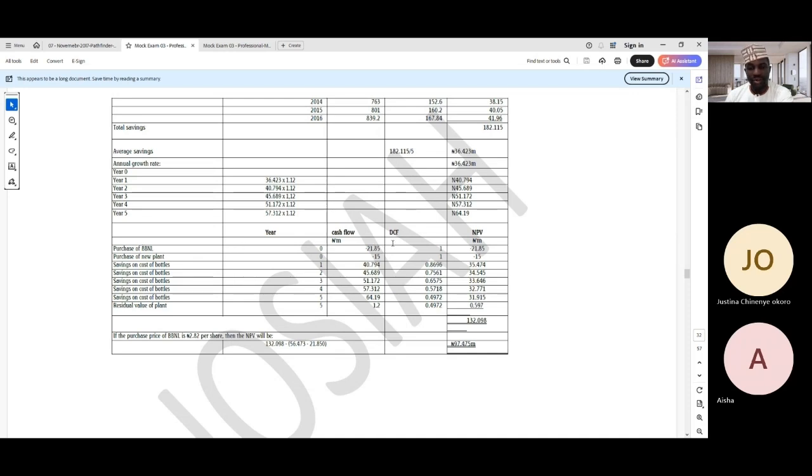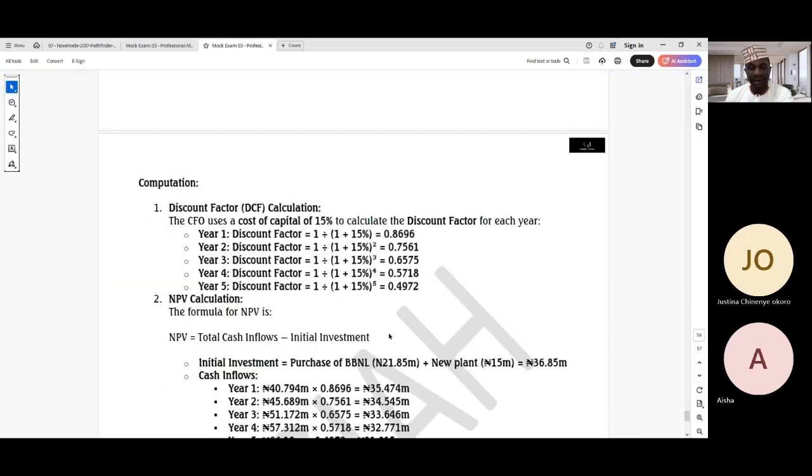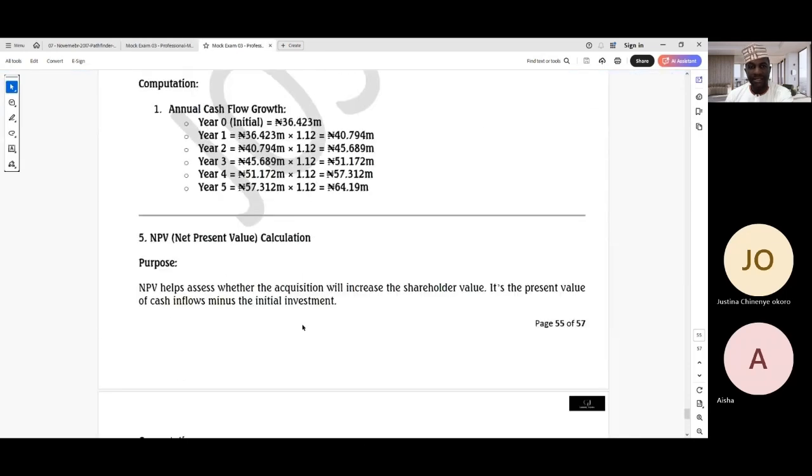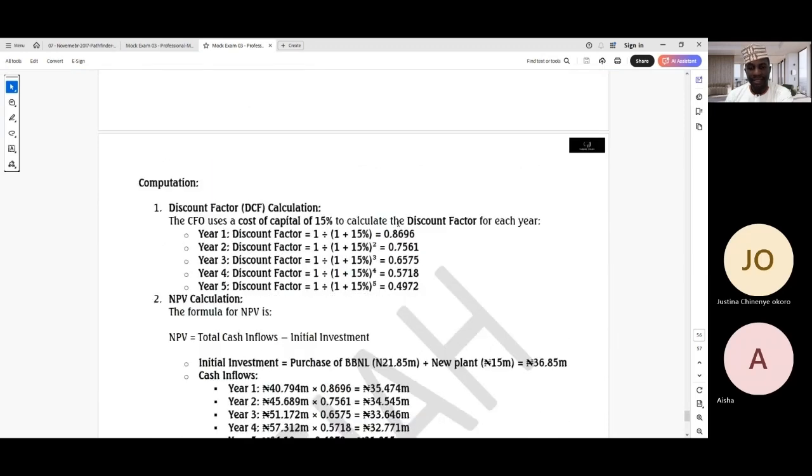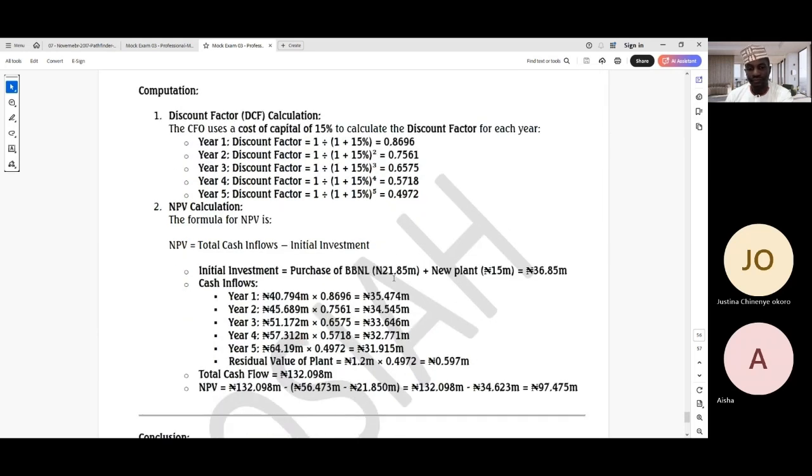And in this purchase consideration, we need to also add the purchase of the PPE, which is 15 million for BBNL. Then we'll take this annual growth rate savings amount one by one to add as our cash flows for the year. Then the discounted cash flow amount, this is how we discounted it for each year based on the 15% provided for us as discounted factor.